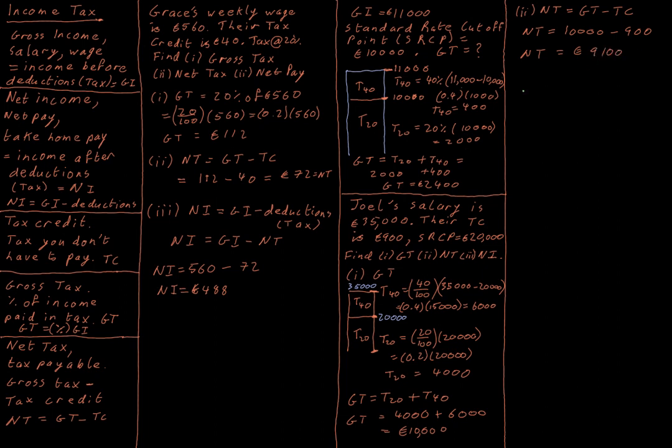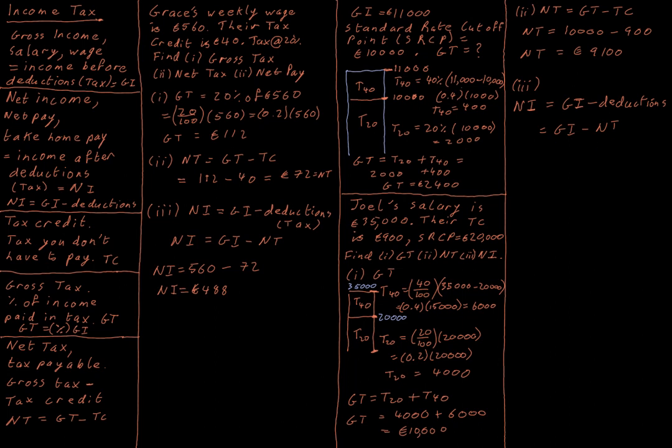It's 9,100 euro. And then finally, we have our net income. So that's the amount of money we actually get to take home. So it's called take home pay as well. And we know that that is going to be our gross income minus deductions. And in this case, that means it's our gross income minus our net tax, because we don't have any other deductions that we're told about in the question.